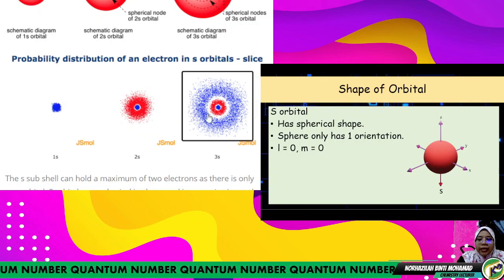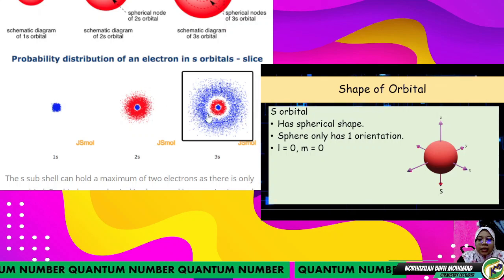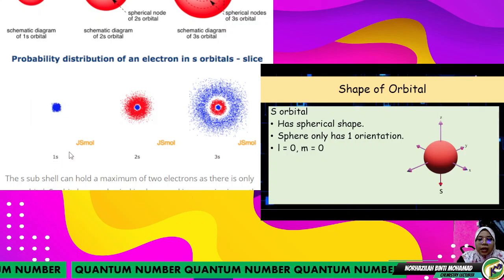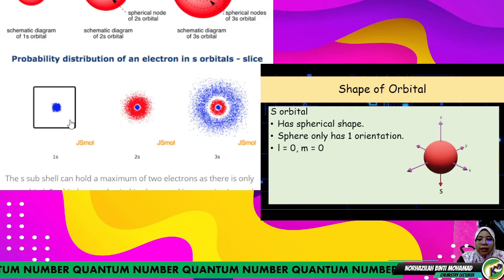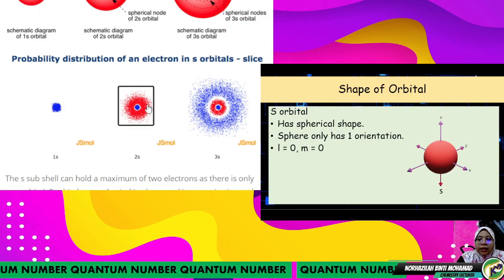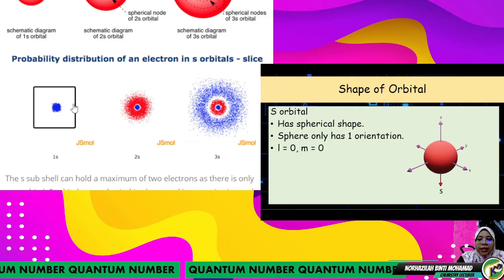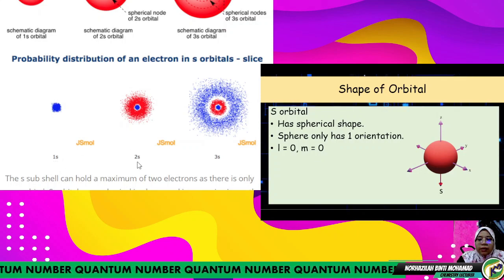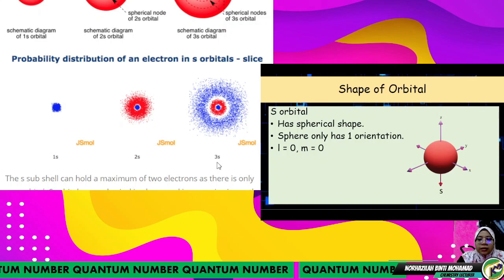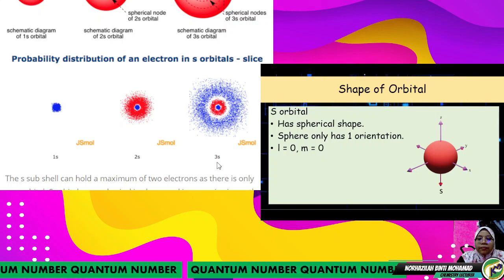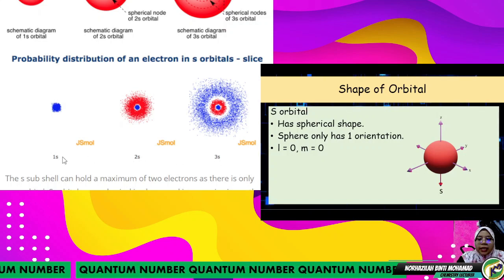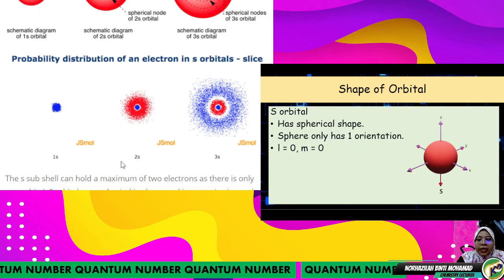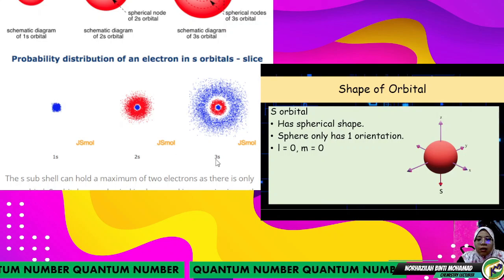When we look at the 3s orbital, it is bigger compared to 2s and 1s, because even though it is the same type of orbital, the n value is different. For 1s, the n value is 1, this one is 2, this one is 3. I have explained before, the principal quantum number in the name of the orbital indicates the size of the orbital.